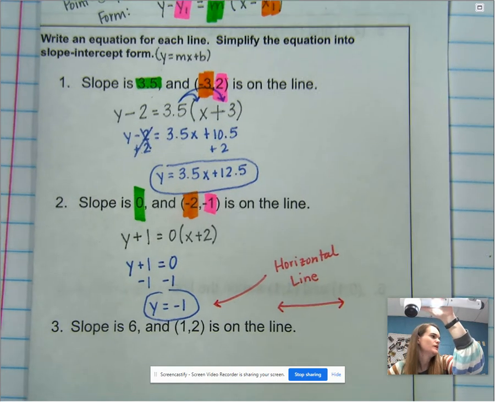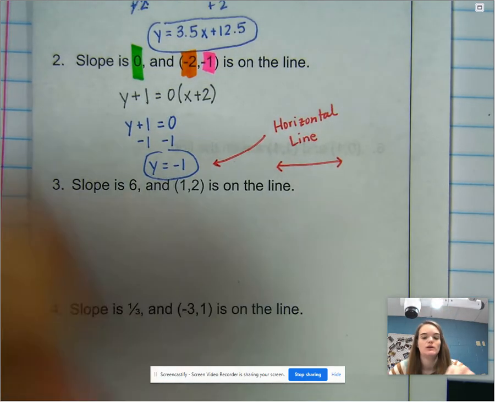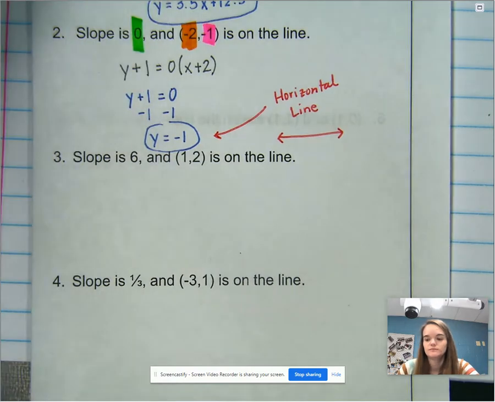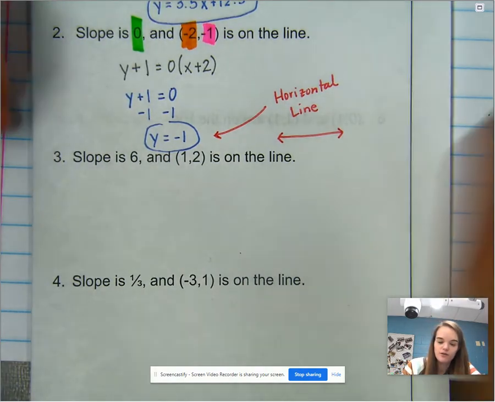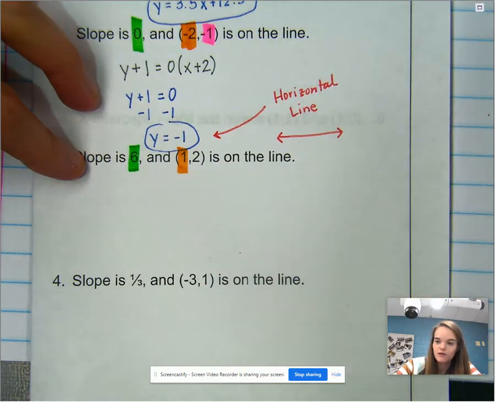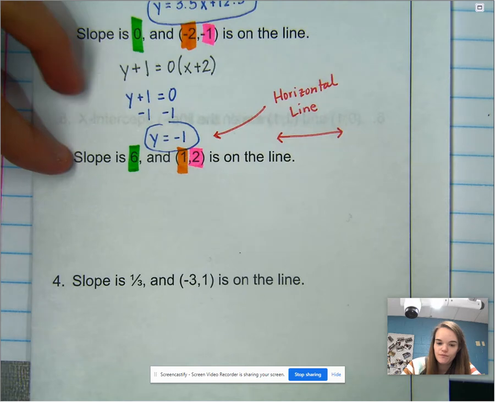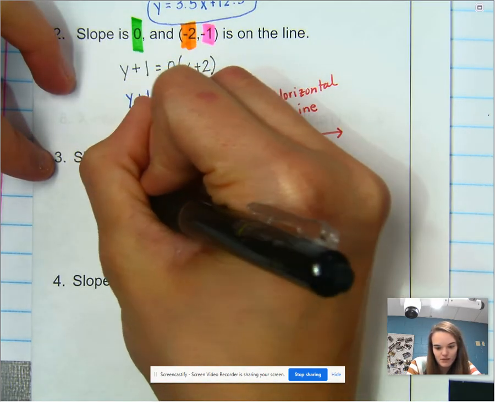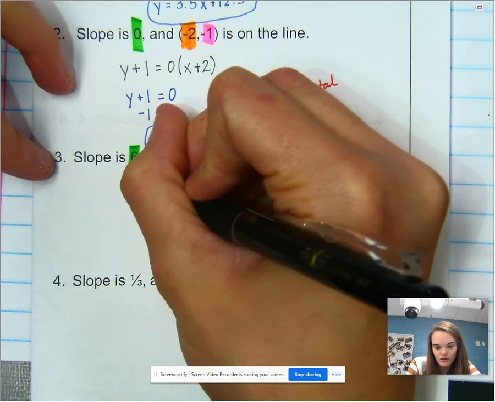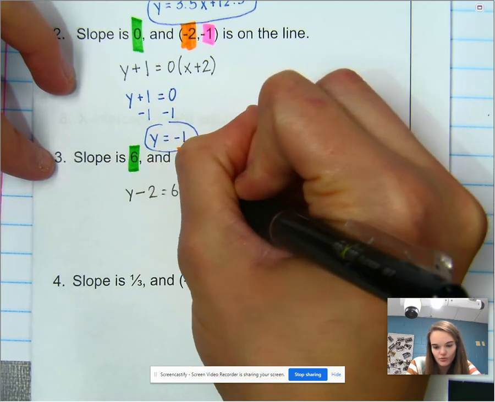Okay, number 3. I want you to pause the video and do 3 and 4 on your own. All right, slope is 6, x is 1, y is 2. Y minus 2 equals 6 times x minus 1.